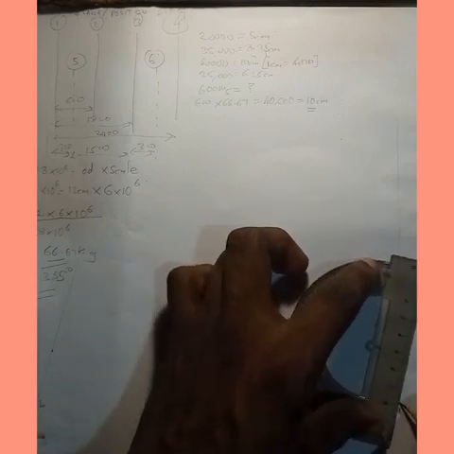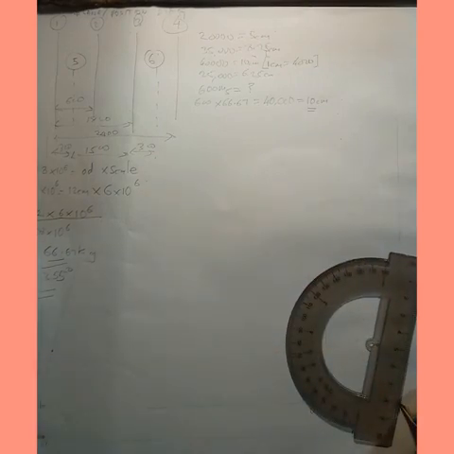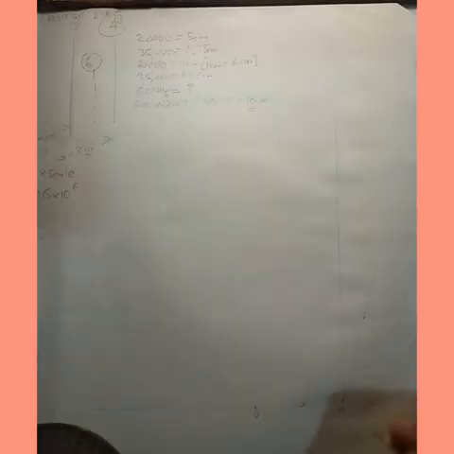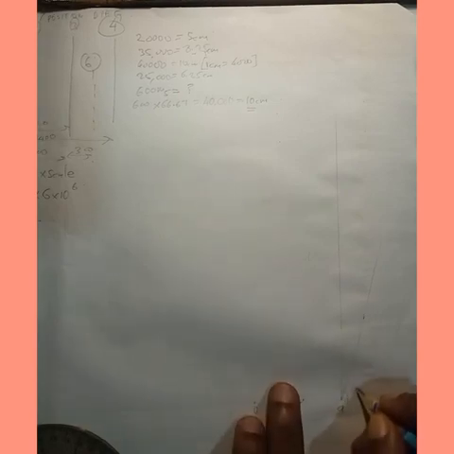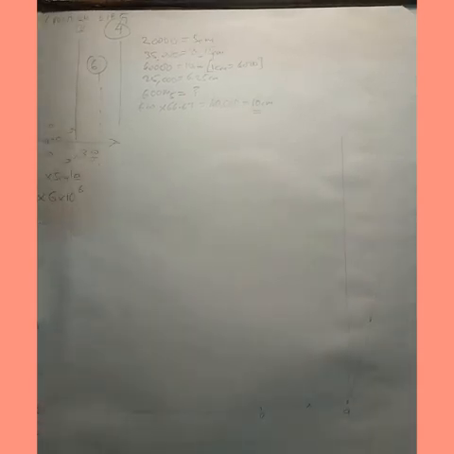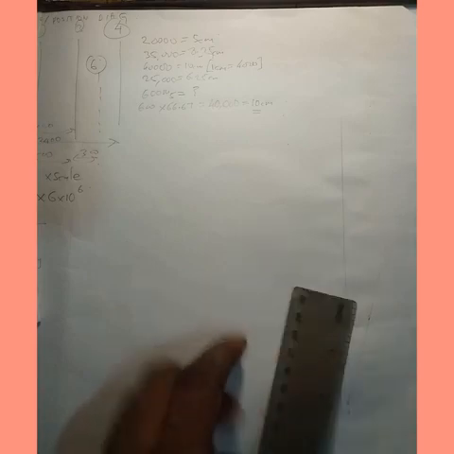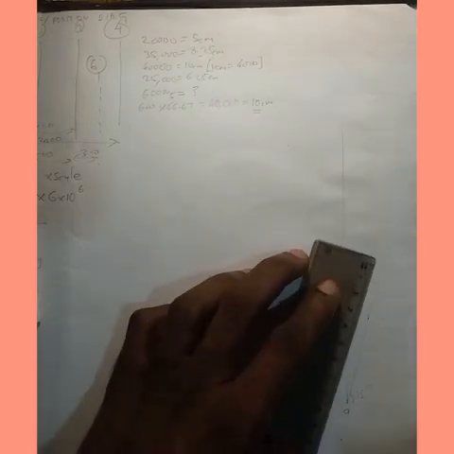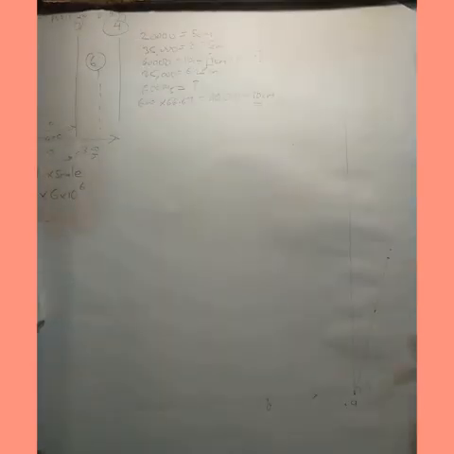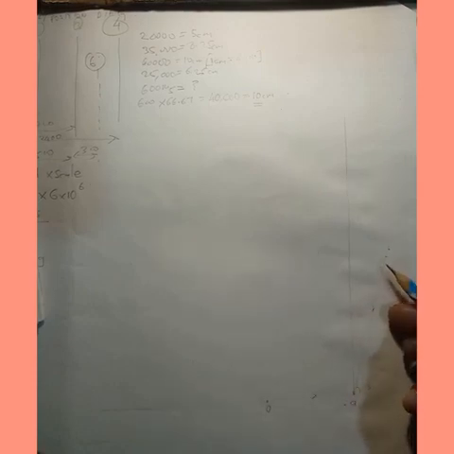So 10, 20, 30, 40, 50, 60, 75. Then from this point, you now draw the line. So this is at an angle of 75 degrees, and then the magnitude is 8.25. Take a ruler and then measure 8.25. Okay, so it should be 8.75, not 8.25. So from here to here is 8.75.